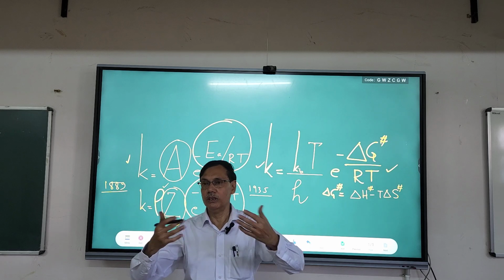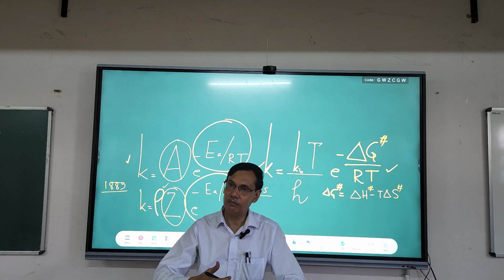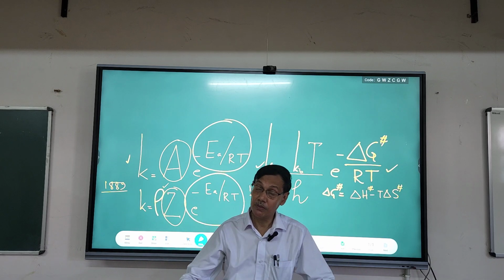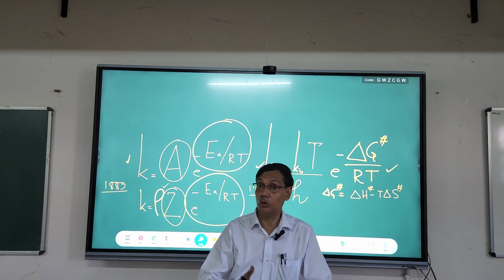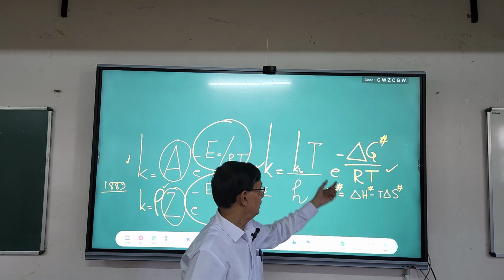A few minutes ago I told you that it is the contribution of kinetic theory of gases, the contribution of thermodynamics, statistical mechanics, and quantum mechanics, which is very important for deriving these things.